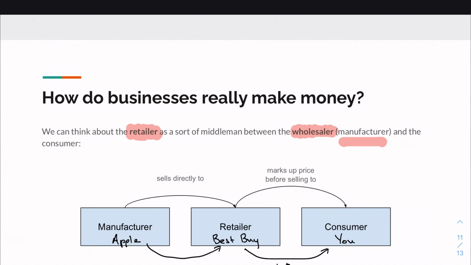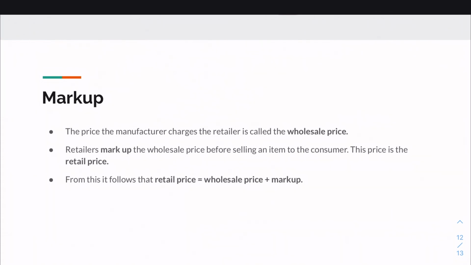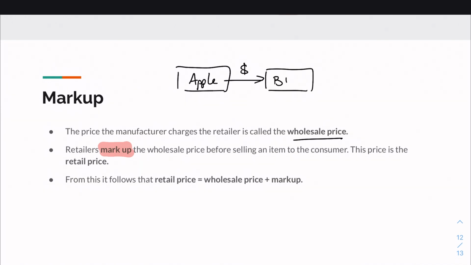This change in price is what we're going to concern ourselves with. And we call this change in price the markup. Right? So the price that the manufacturer charges the retailer is the wholesale price. Right? So sticking with Apple, they're going to sell it to Best Buy for a certain price. This is the wholesale price.